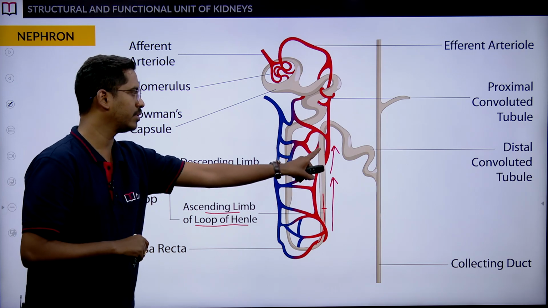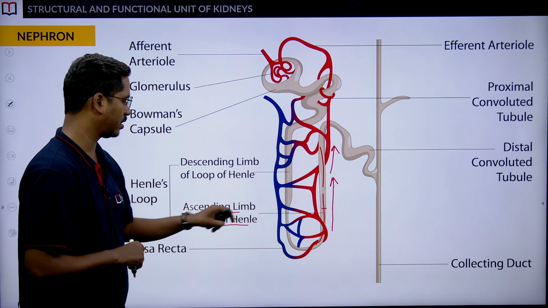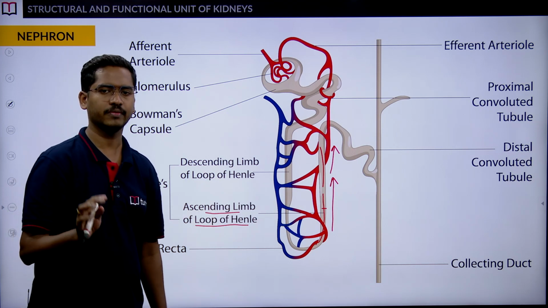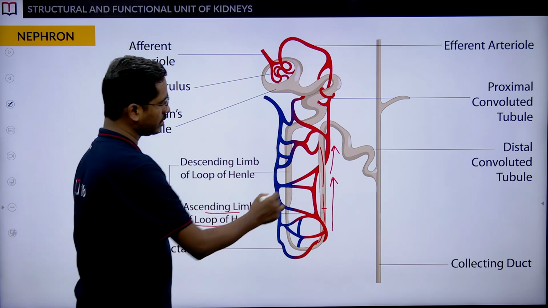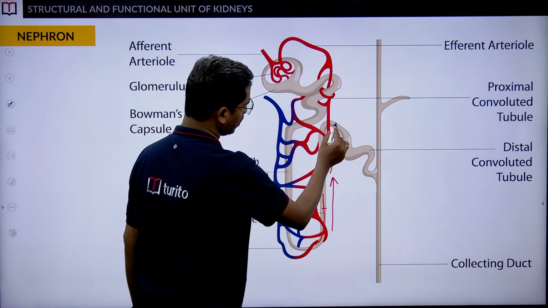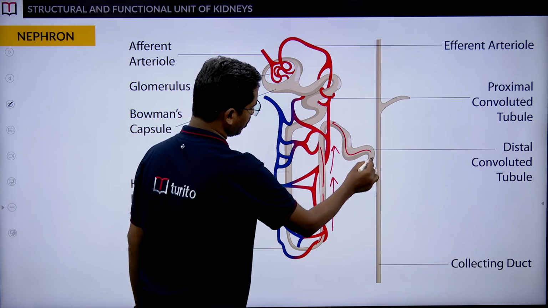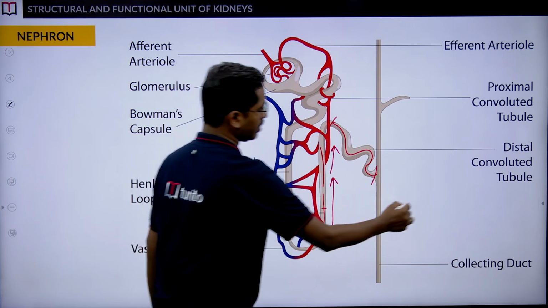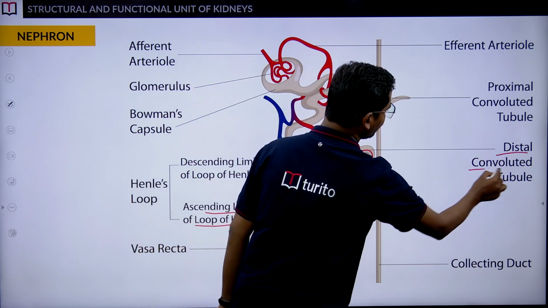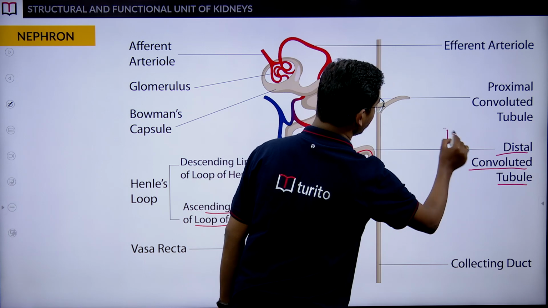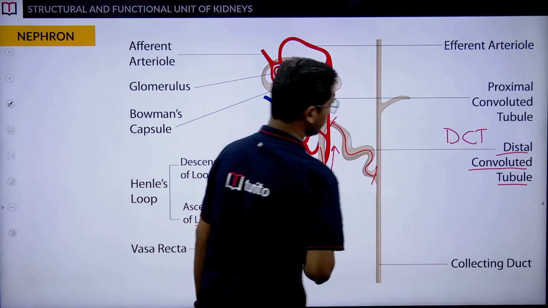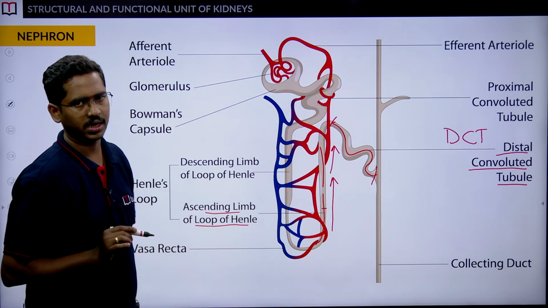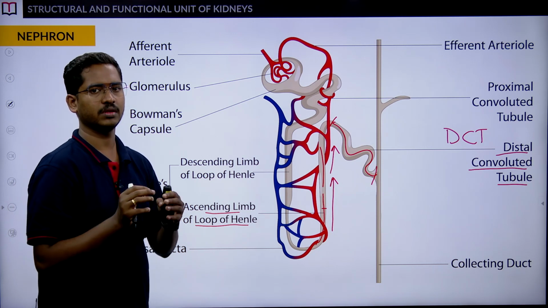So, this limb is known as the ascending limb of the loop of Henle. That ascending limb would continue further and form a closed tubular network, referred to here as the distal convoluted tubule, DCT. That is what we are understanding. Nothing more than that.